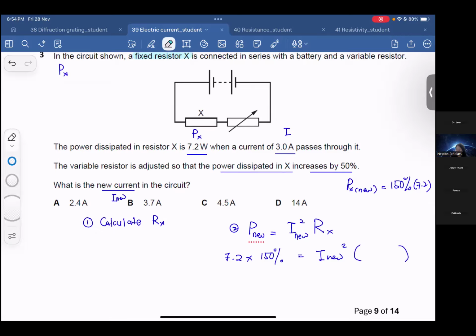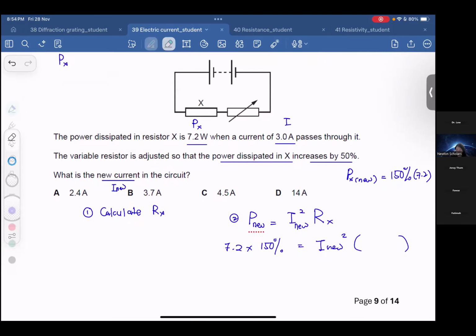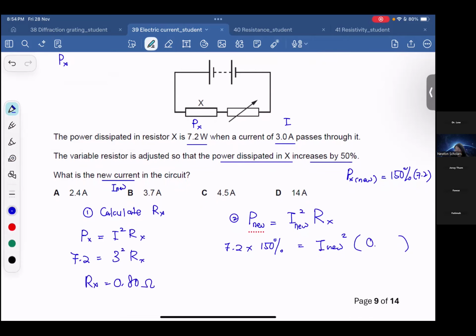Vashini correct. So here, Px equals to I square R. Px starting is 7.2, then current is 3, square R. So your Rx here, you should get 0.80 ohm. So we do substitution in.